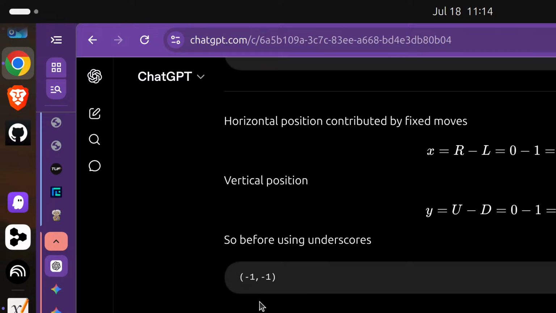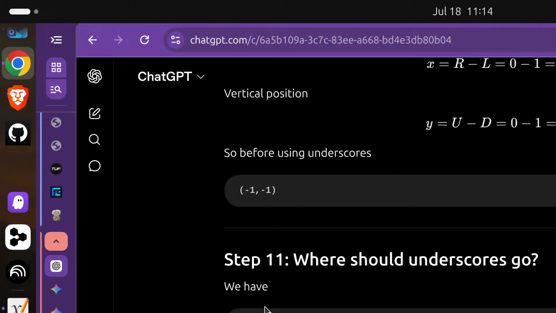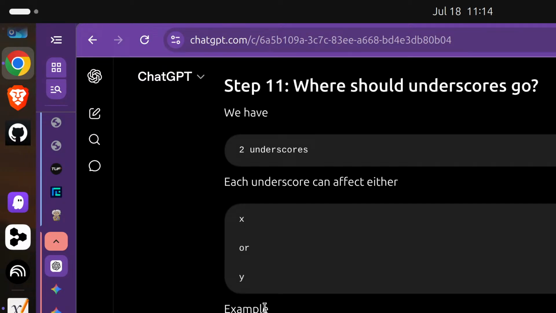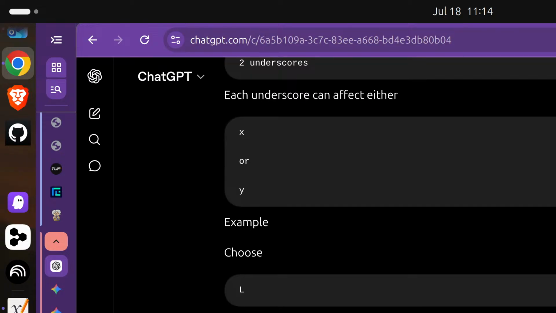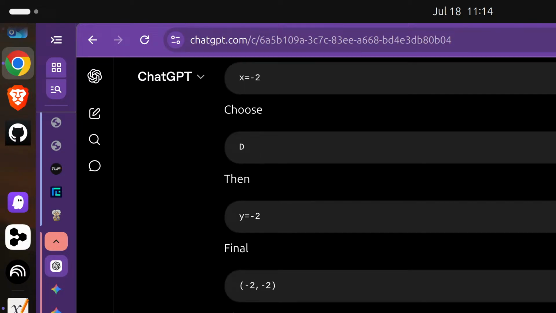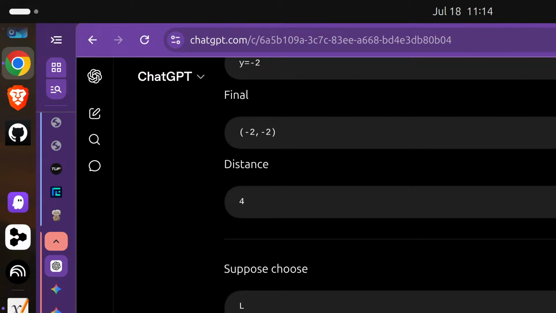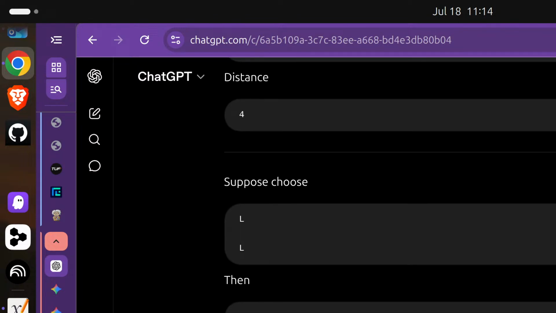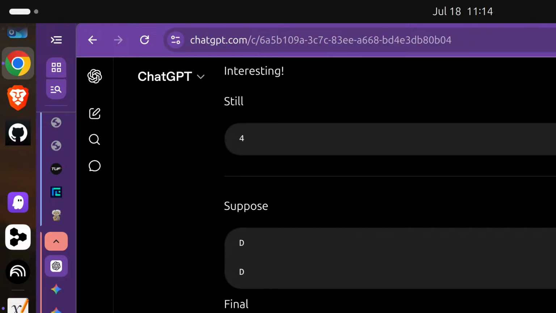So before using underscores, we can get 2. Where should the underscores go? We have two underscores. Each underscore can affect x or y. Let's say L, then x is equal to -2. Choose D, then y is equal to -2. Final distance is 4. Suppose we choose this, then distance is 4. Interesting, still 4, right?